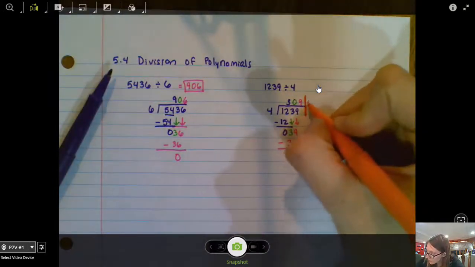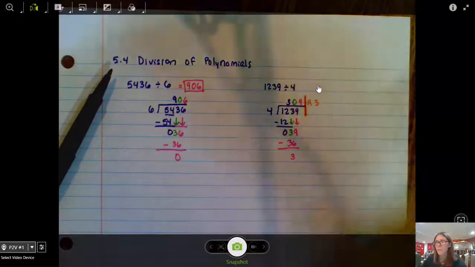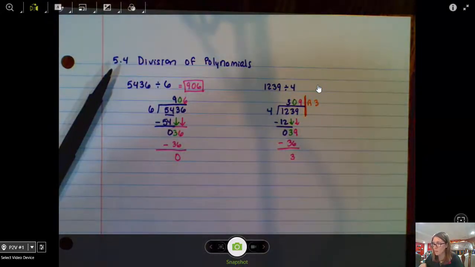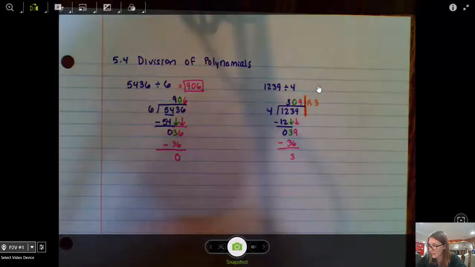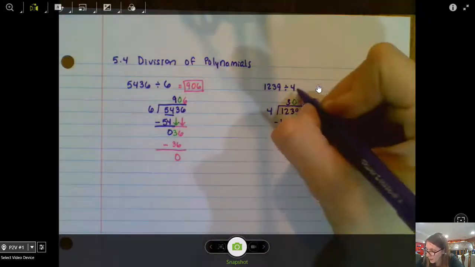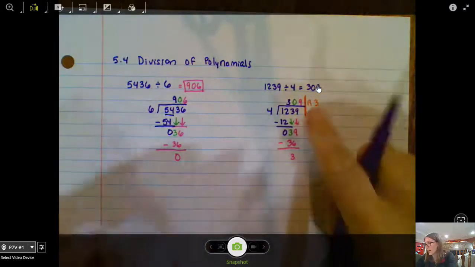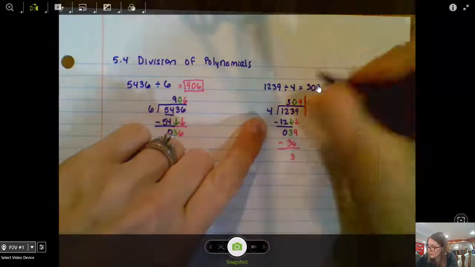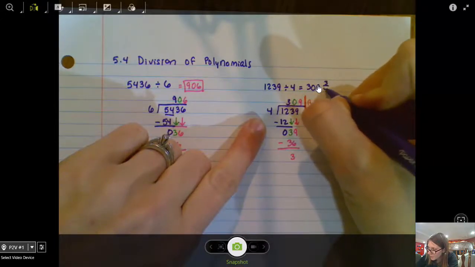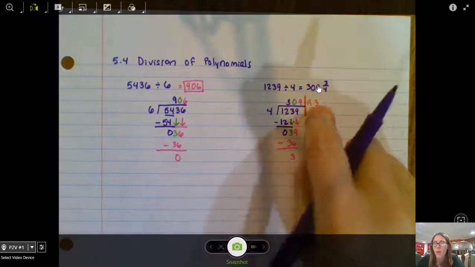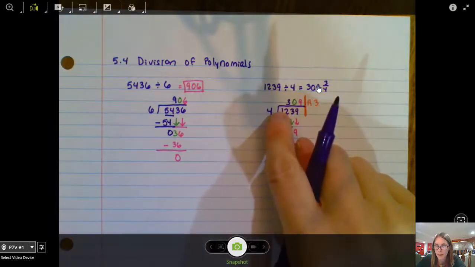Notice how we have a remainder of 3. I have this 3 that's left over. So really, in order to write our answer, 309, remainder 3, I'm going to say 309 and 3 over 4. It's 309 and 3/4. So we take the remainder over what we divided by.